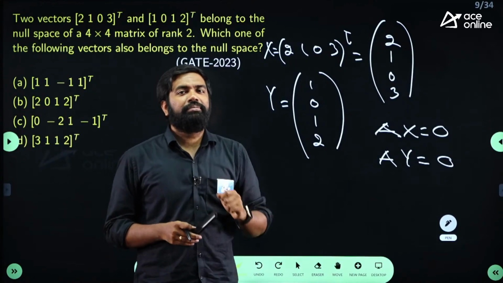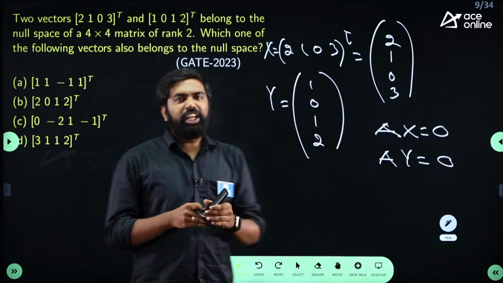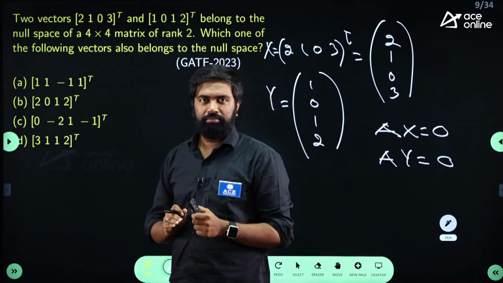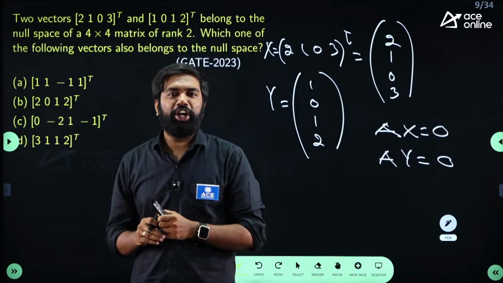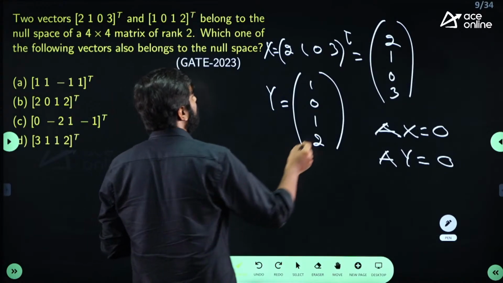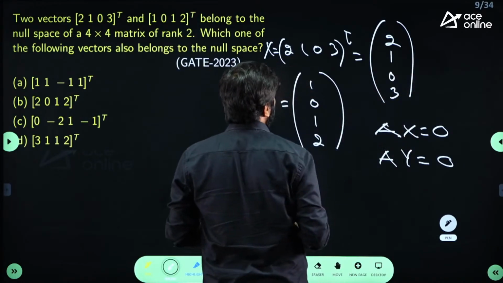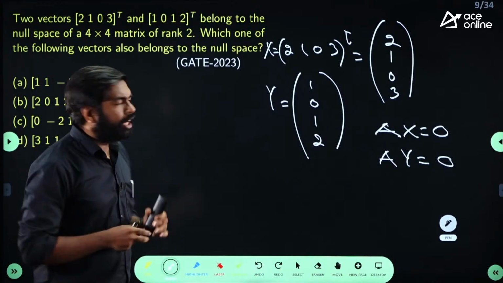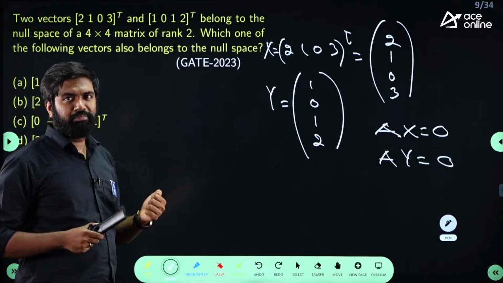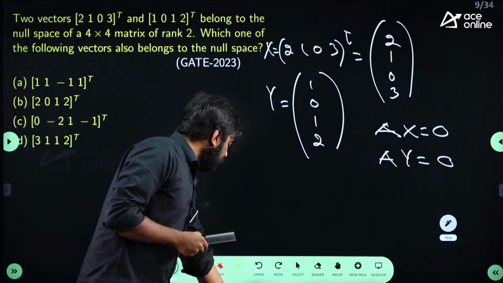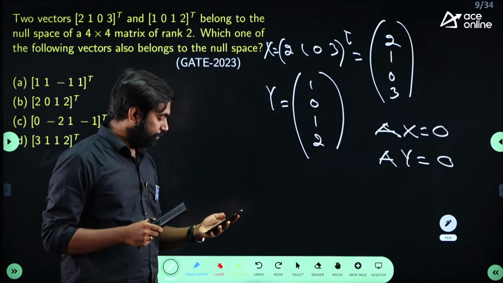In simple words, by using x and y, can I generate any of these options? I'll be waiting for your reply in the chat box. What you are supposed to do is just observe these elements. Through some simple operations, can you get any of these options? So let's see whether you are able to answer or not.